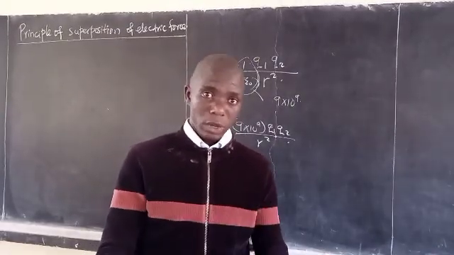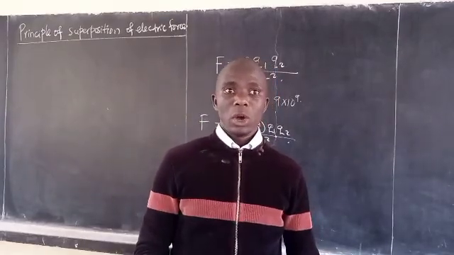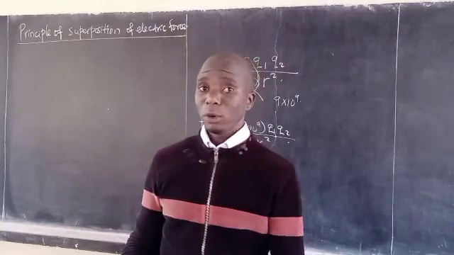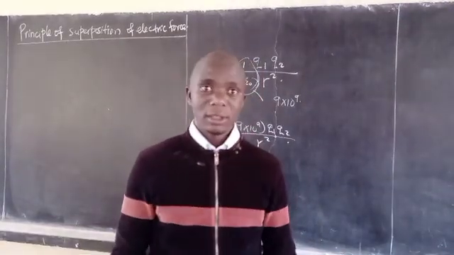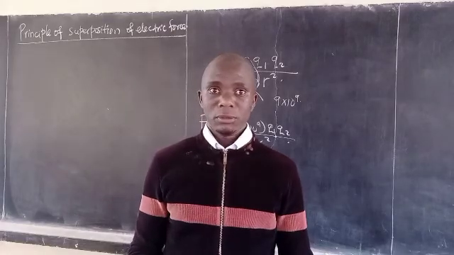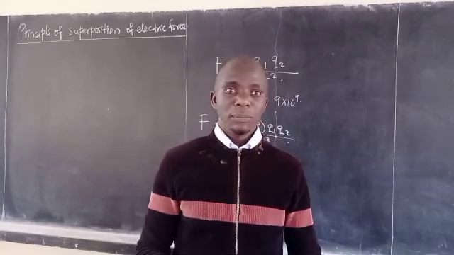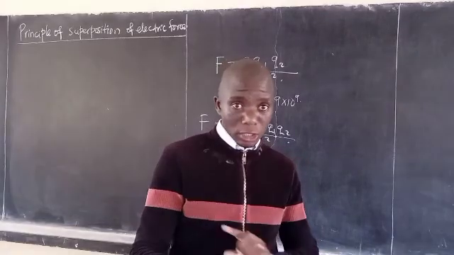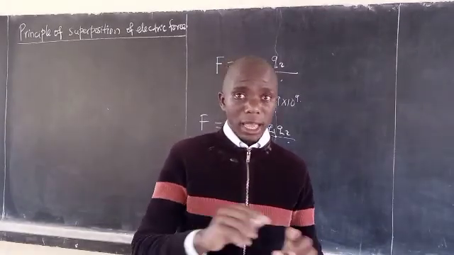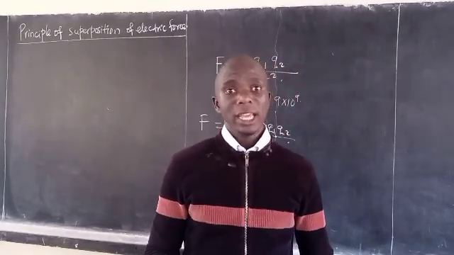We are continuing. We used this to solve some calculations which were not involving more than one charge. But here we have more than one charge. Then what is that interaction? How do you calculate the force within that interaction? How do you get the force on any charge?